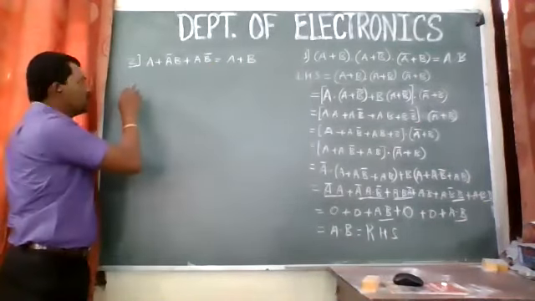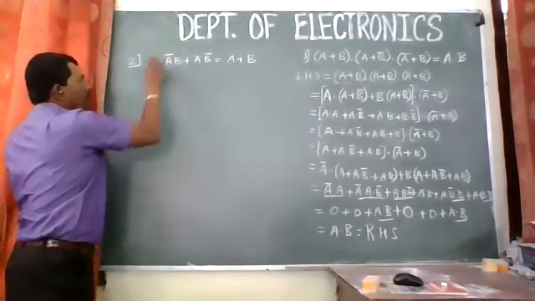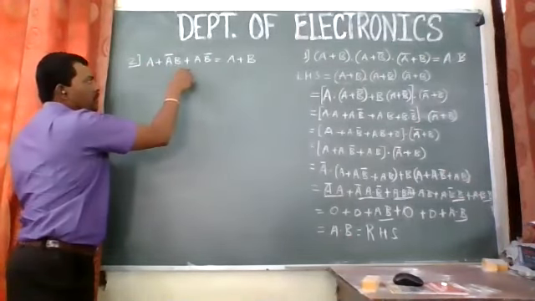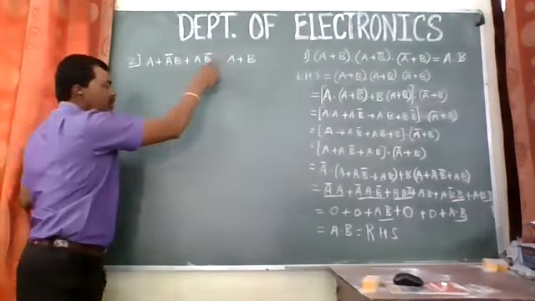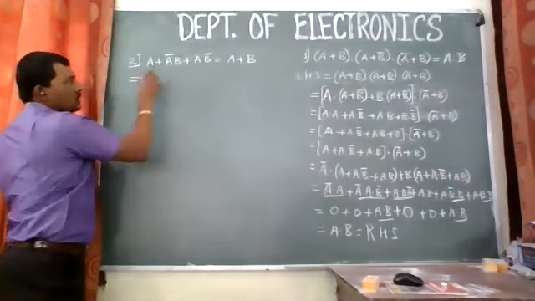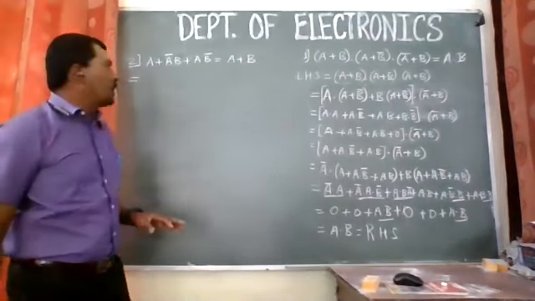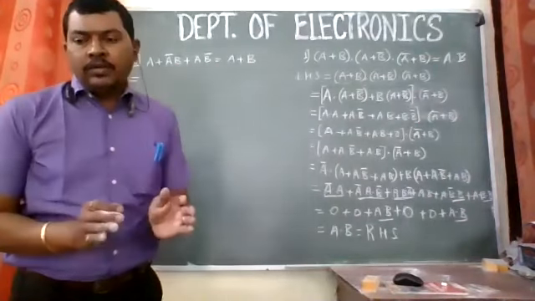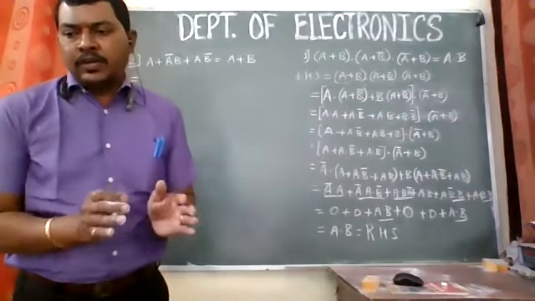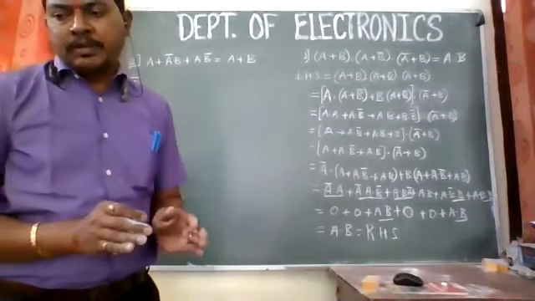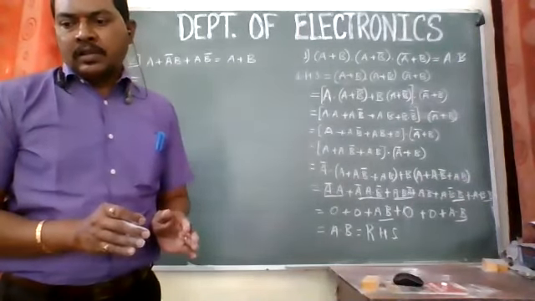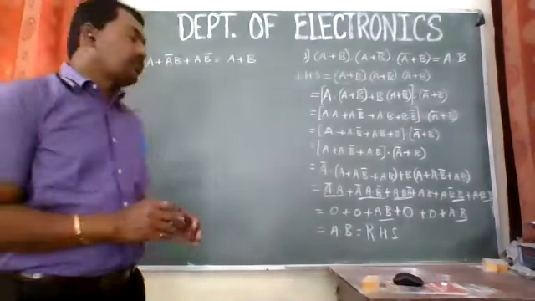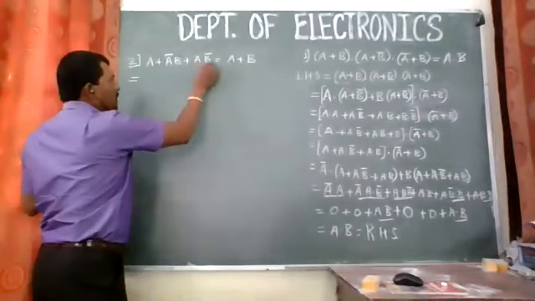Is it visible? It is a plus a bar b plus a dot b bar, and that should be equal to a plus b. So again, the same method here, but now we have to use a different method for this explanation. Let us try that.